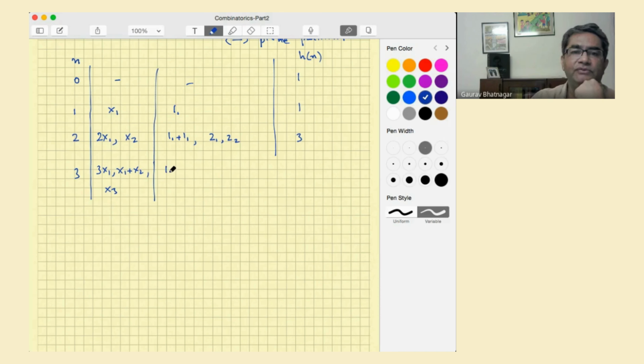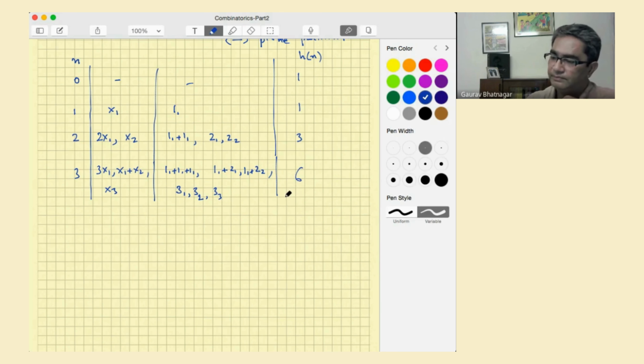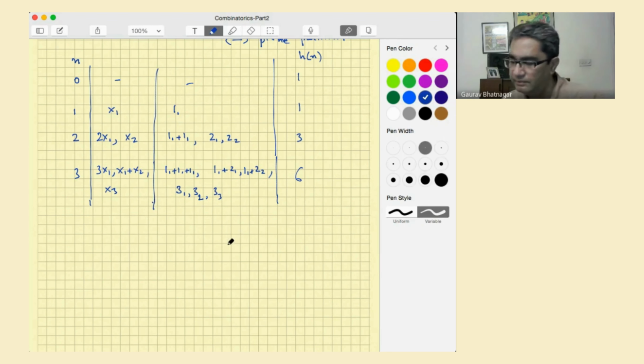So 3x1 will just be this. x1 plus x2 is 1 1 plus 2 1 and 1 1 plus 2 2, right? And x3 has 3 items, 3 1, 3 2 and 3 3. So 1, 2, 3, 4, 5, 6 of them. So you get the idea? Is that okay?